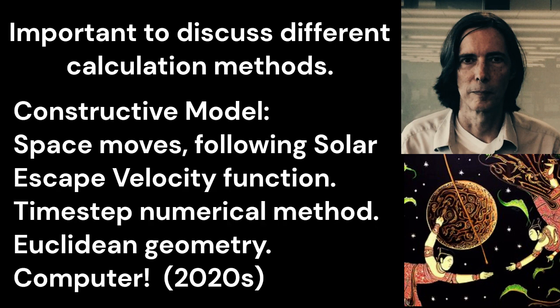And here, in contrast, I'm going to use our constructive model in which space moves following the solar escape velocity function. And the method is going to be, instead of analytic, a time-step numerical method. But I'm going to use Euclidean geometry, normal geometry. And of course, I'm going to use a computer.